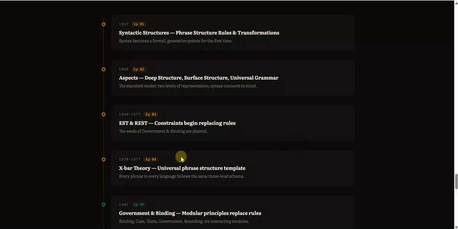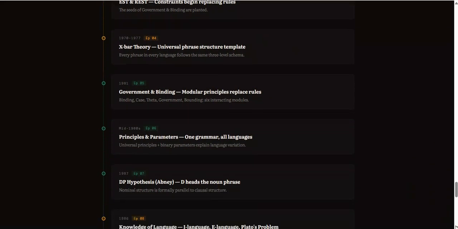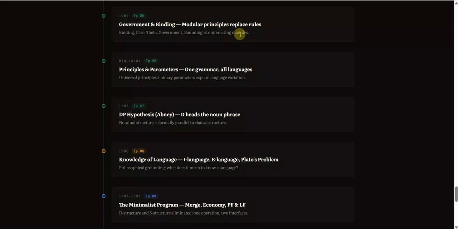Then 1970 to 77 is X-bar theory. Then 1981, starting from here, is Government and Binding. And mid-80s is principles and parameters. 1987, it is the DP hypothesis.